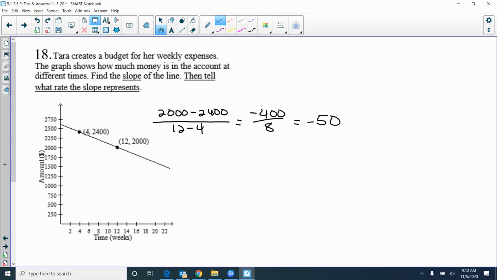Now, what does this mean according to the situation? This is her bank account, and this is the time in weeks. I said Tara takes $50 out of her budget for every week. That's fine. One way to word it, you could say her account loses $50 every week.